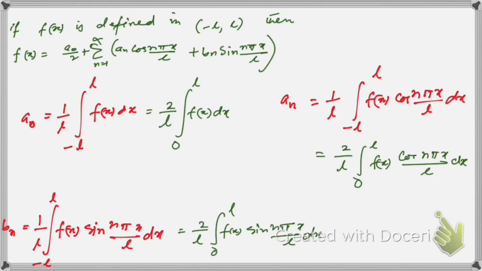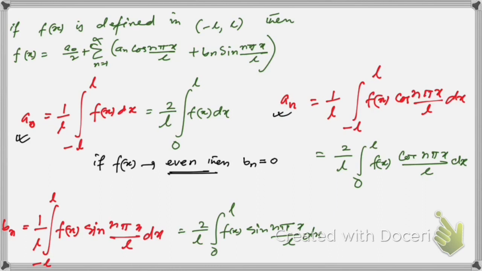Now remember one very important thing: if f of x is even, then bn is equal to 0. In that case we don't need to calculate bn, right? So if f of x is even, we are going to take only a naught and an. We are not going to calculate bn.